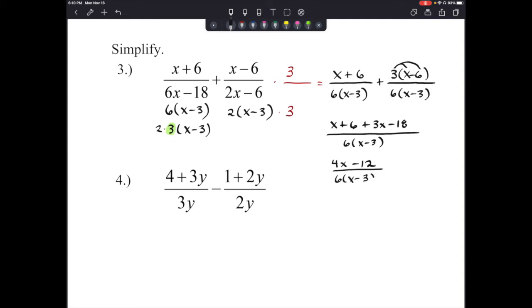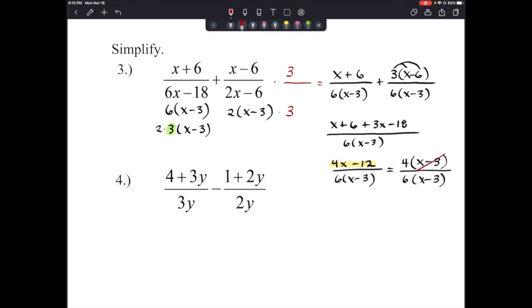And now when we get down to this point, we think we're done, but what we need to double check here is, does this factor and reduce any more? In this case, I could factor out a 4, and I'm left with x minus 3 left over. And when that is over 6 times the quantity of x minus 3, we have the ability now to simplify.